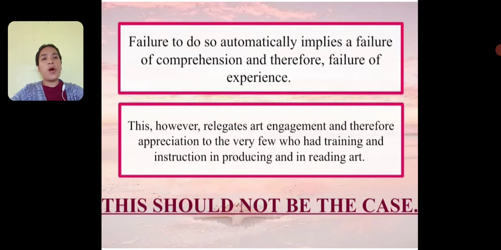Failure to do so automatically implies a failure of comprehension and therefore failure of experience. However, this regulates art engagement and therefore appreciation to the very few who had training and instruction in producing and in reading art. But this should not be the case.